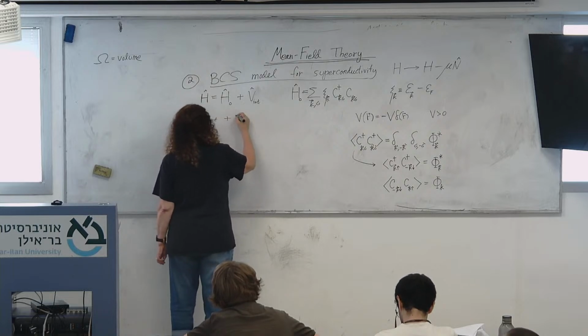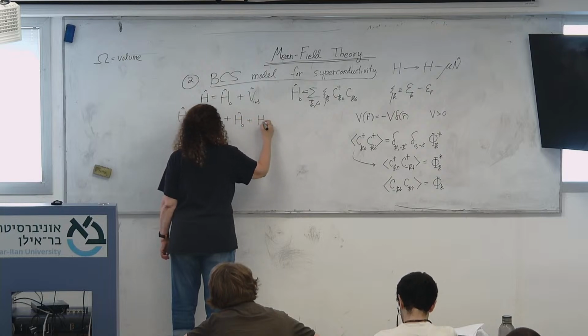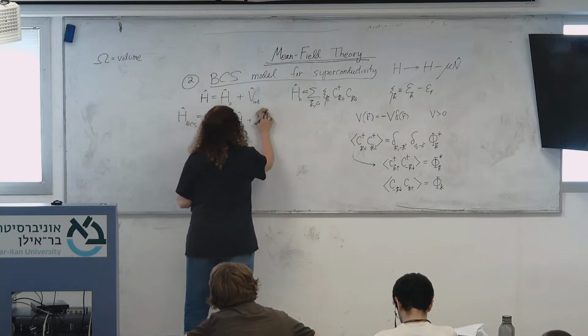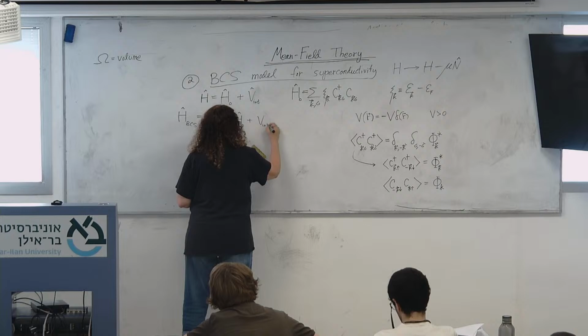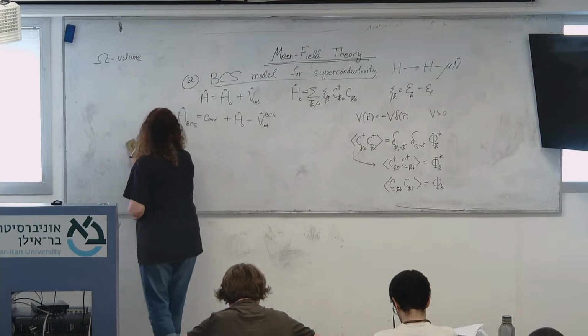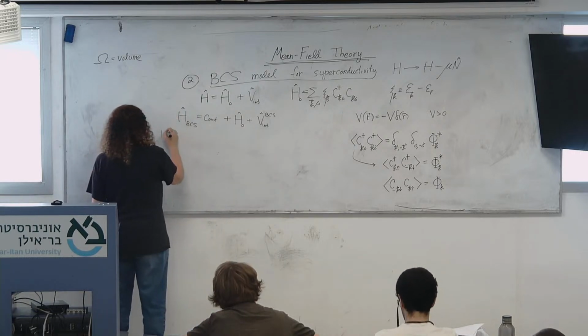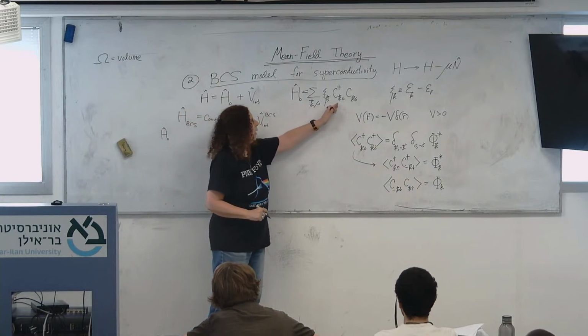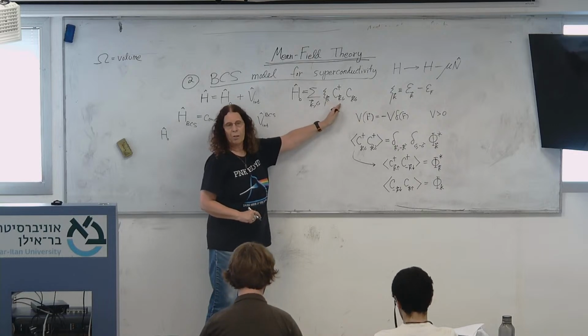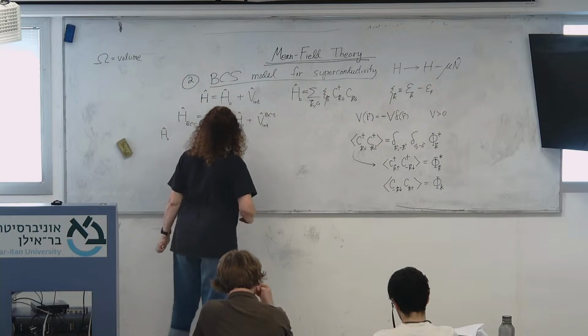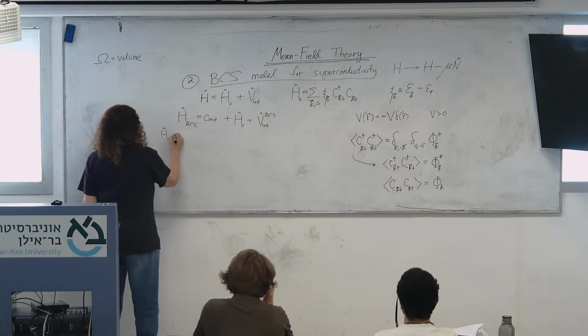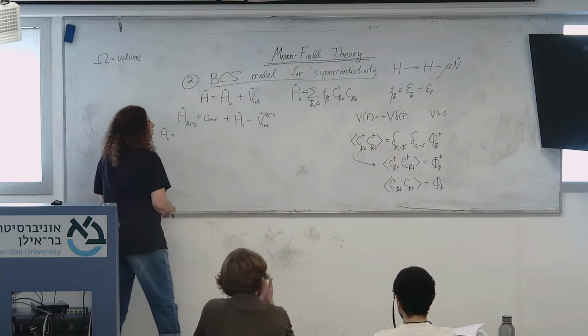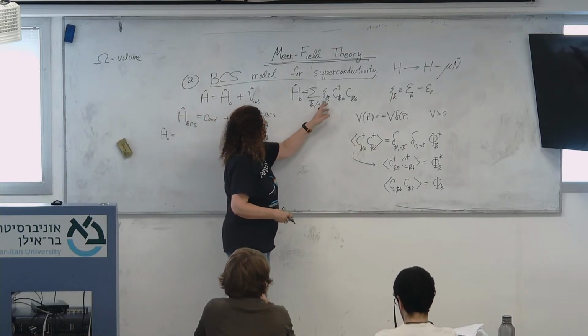and I'm left with H naught plus, let me call it, H BCS approximation to the interaction. And now let me write H naught again. I already wrote it, but I will now rewrite it a little differently, just for simplicity of notation later. So what is H naught? First of all, it's a sum over k and sigma of this.